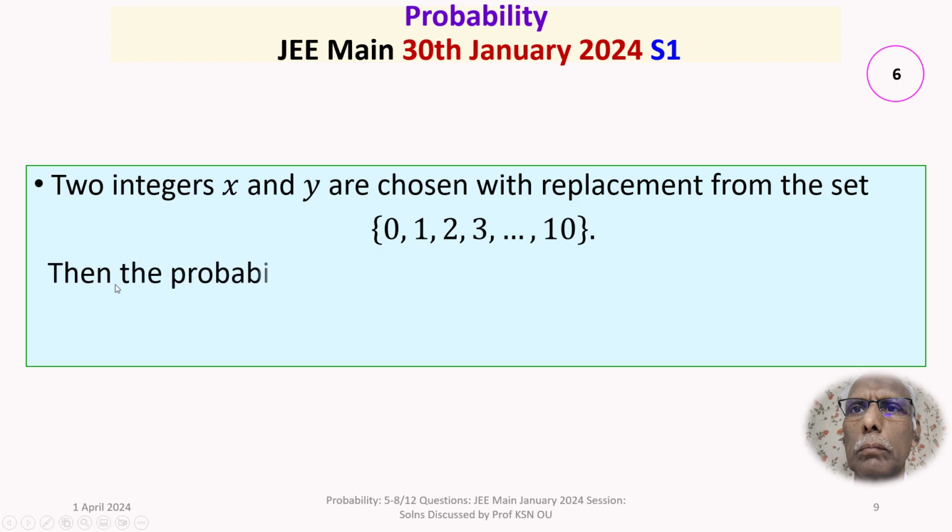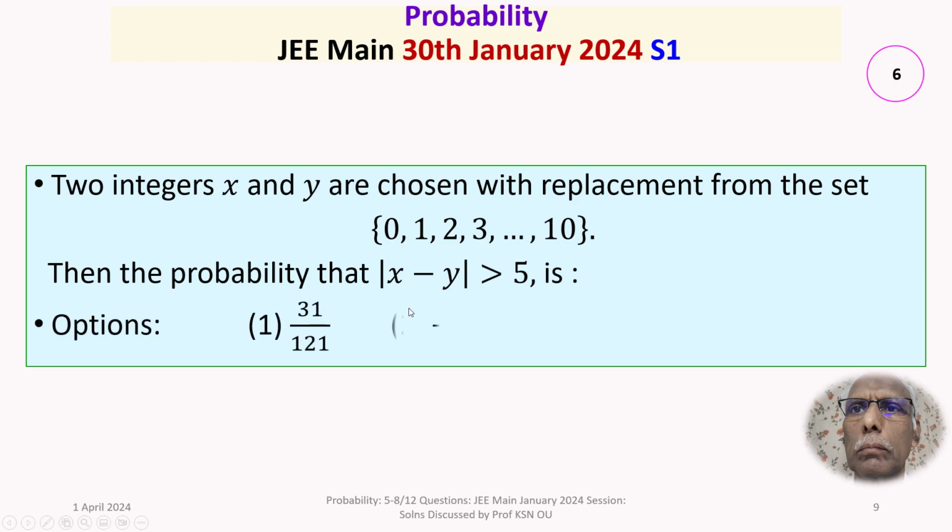Then the probability that mod of x minus y is greater than or equal to 5 is, and we are given 4 options.